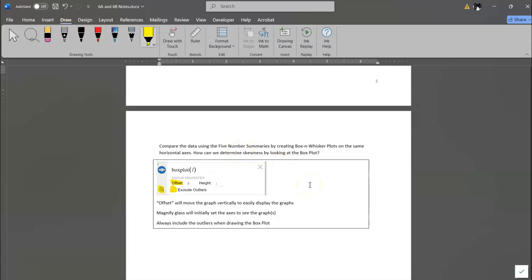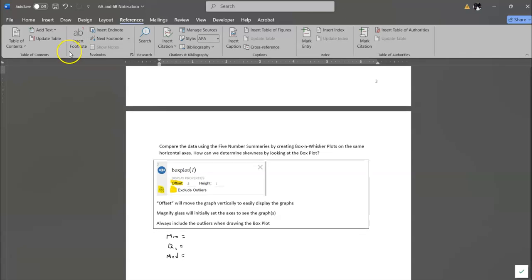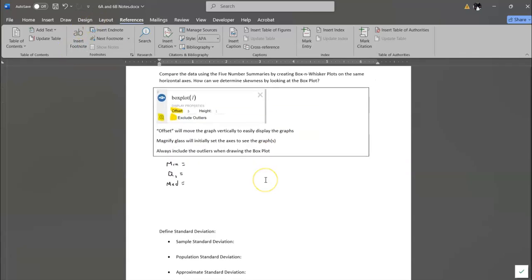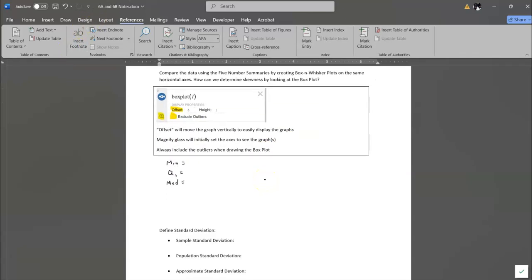And if you recall, the 5-number summary includes the minimum, the first quartile, the median, the third quartile, and then we also need the maximum.